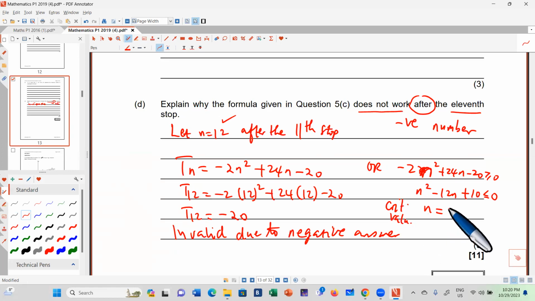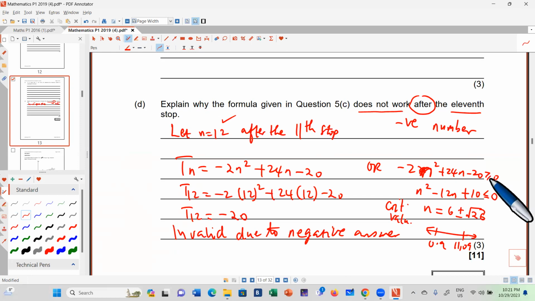Because you can't easily find the factors, the critical values should be n equals 6 plus or minus, using the quadratic formula, which gives 0.9 and 11.09, and therefore is less or equal to 0.